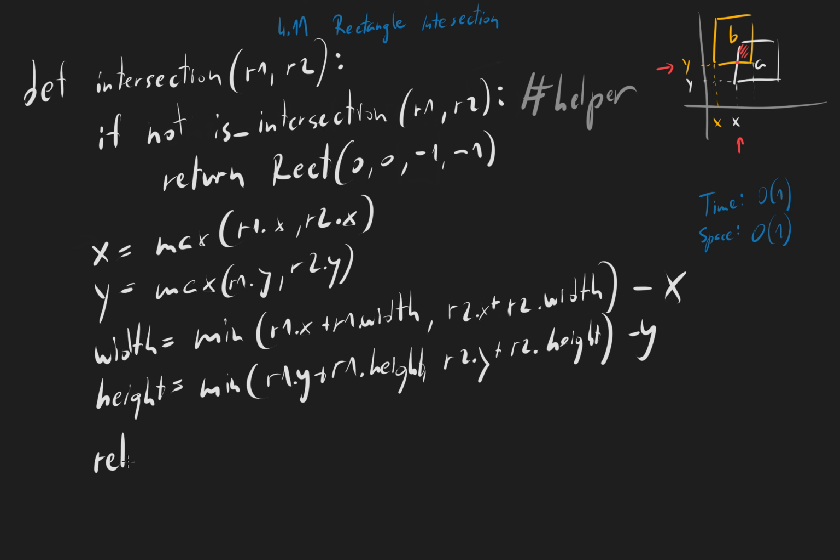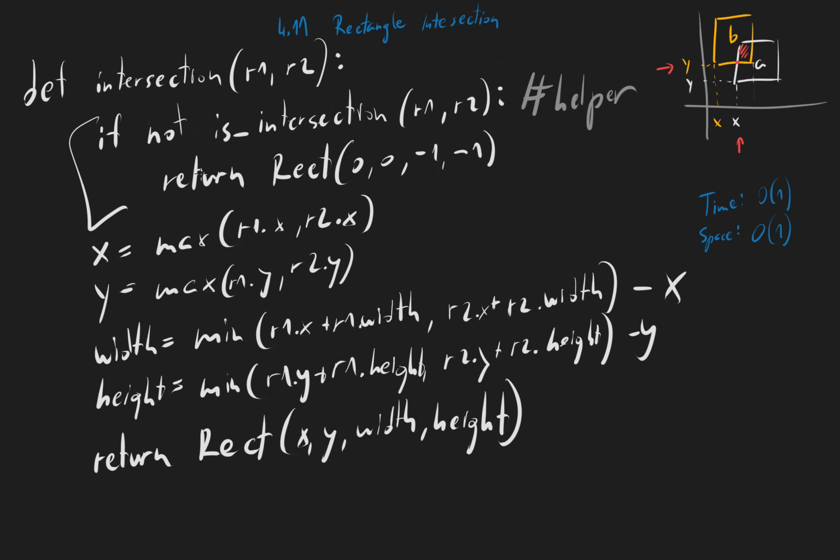And we just return the new rectangle with x, y, width, and height. And that's it. The implementation of this we can see in the code. I'm not going to write it right here. Yeah, let's write it in code and see if all the test cases pass.